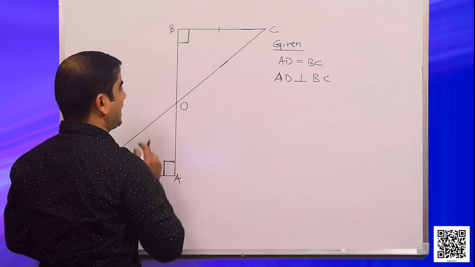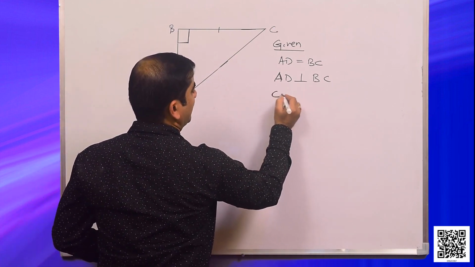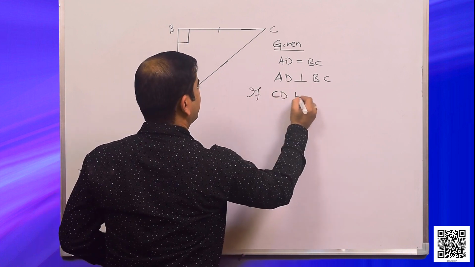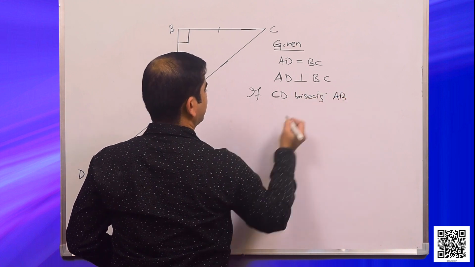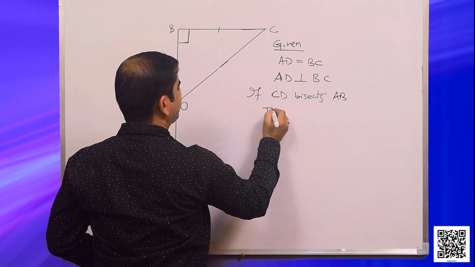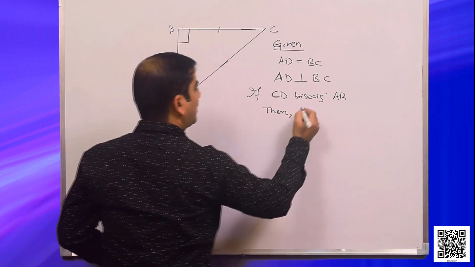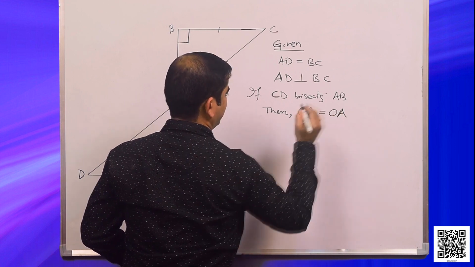CD bisects AB when, so if CD bisects AB, okay, then OB is equal to OA.